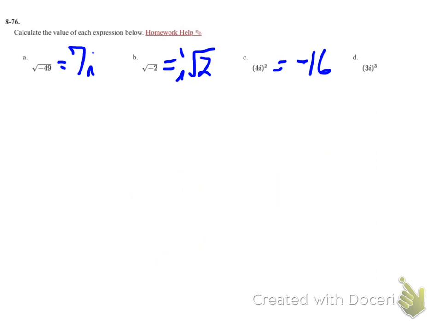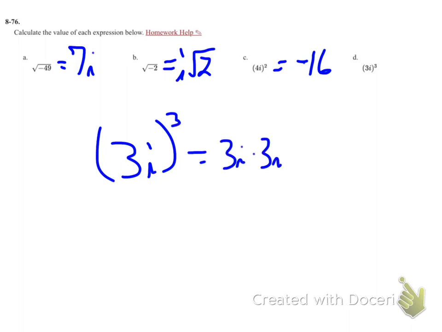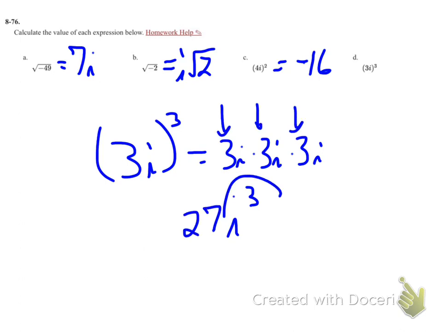And problem D, now we are actually cubing. So that is 3i to the third, which is the same thing as taking 3i times 3i times 3i. If you think back to homework problem number 71, we talked about what i cubed actually is. 3 times 3 times 3 will just be our 27, but this i cubed is what we need to worry about.